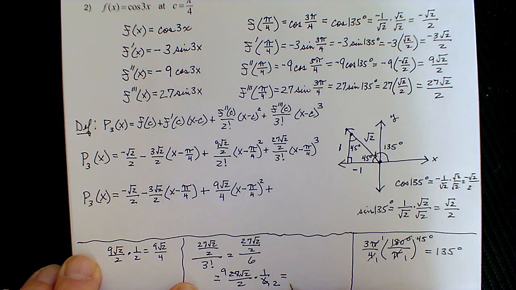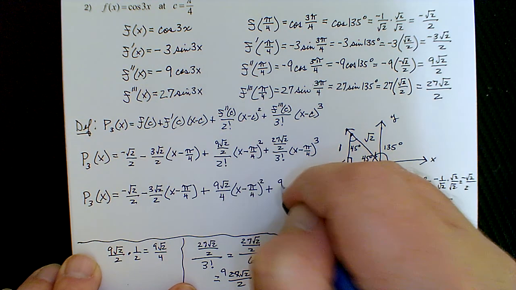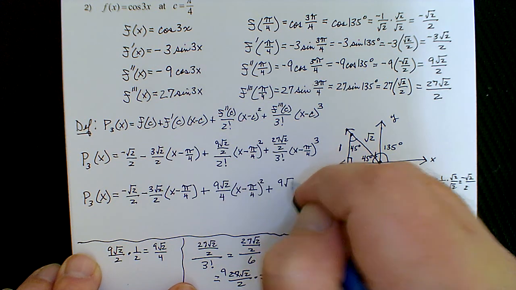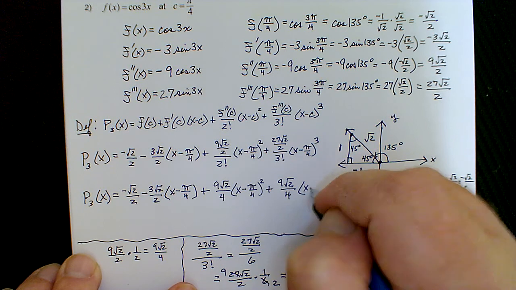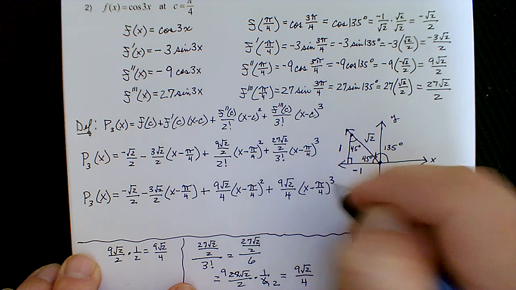So we get 9 square roots of 2 over 4. So plus 9 square roots of 2 over 4, and then x minus pi over 4 is being cubed.